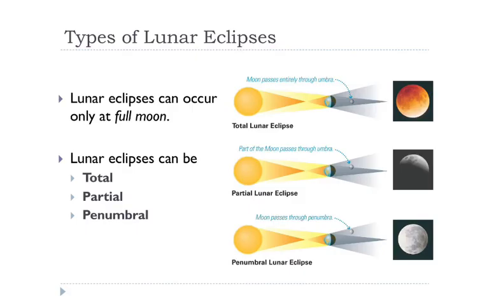Types of lunar eclipse: a total lunar eclipse, a partial lunar eclipse, and a penumbral lunar eclipse. The total lunar eclipses are slightly strange because they're not completely dark. It tends to get darker and darker and cover up.